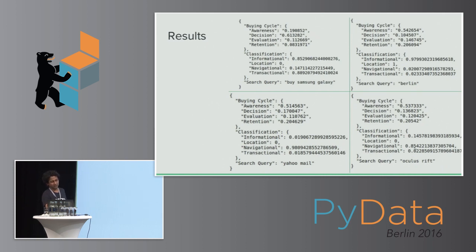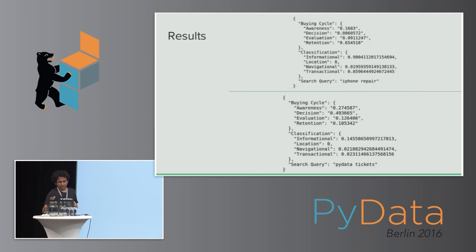But if I look at it, it doesn't fail. It's navigational. If you search for Oculus Rift on Google, you get the navigational links. You don't get any product ads or something. Similarly, you have iPhone repair, which happens quite often.